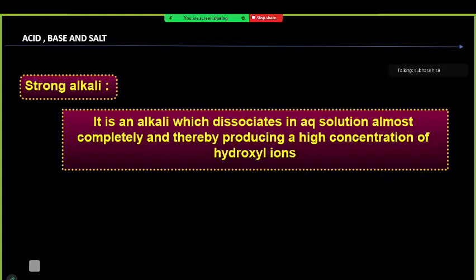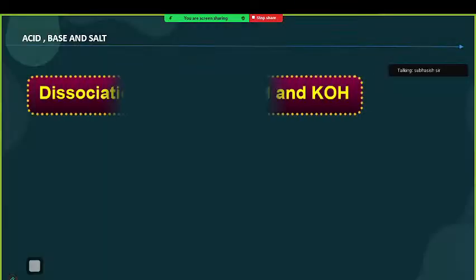They are very strong alkalis. A strong alkali is one that dissociates in aqueous solution almost completely, thereby producing a high concentration of hydroxyl ions, giving a high concentration of OH minus.